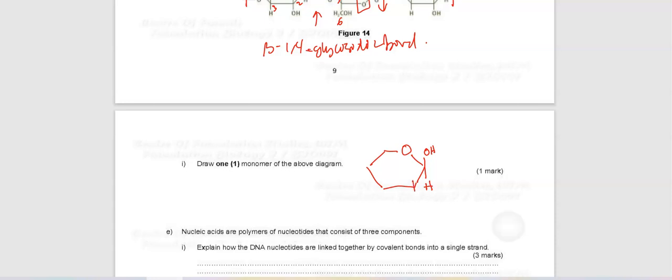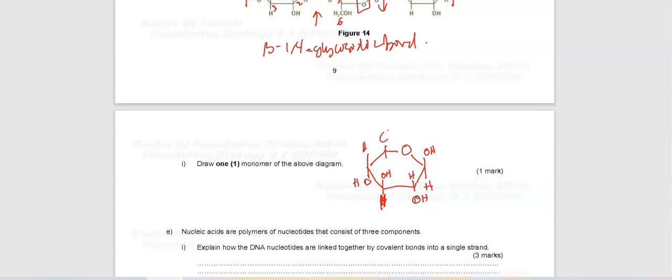At carbon number 2, you have the hydroxyl group. Make sure you place the hydroxyl group and the hydrogen atom correctly. This one is hydrogen, hydroxyl, hydrogen, and then this one you have carbon number 6.